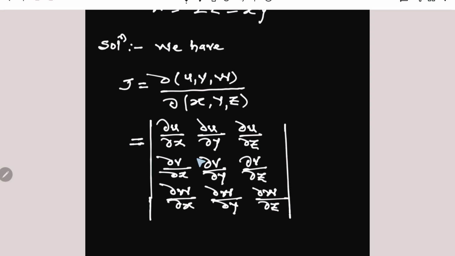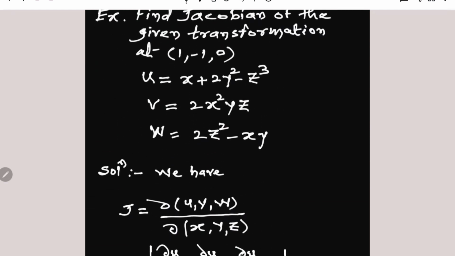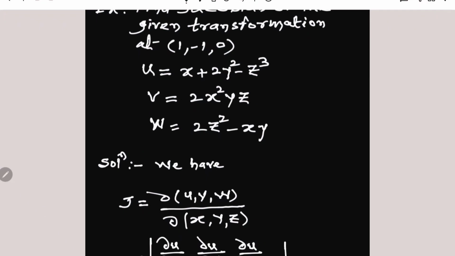After obtaining these derivatives, we have to evaluate this third order determinant, which is the Jacobian, and then find its value at that point. Therefore, performing the calculation, differentiating u with respect to x, its derivative is 1.